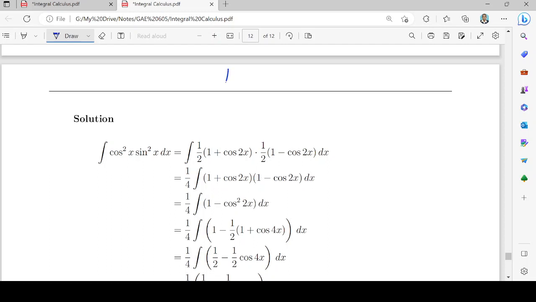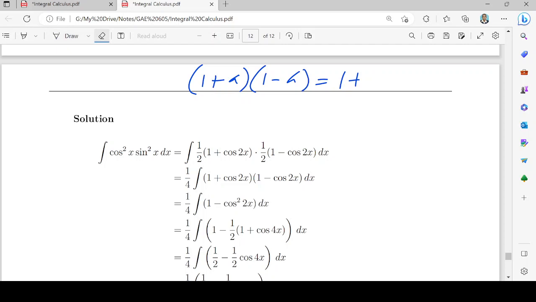When we write something like 1 plus a multiplying 1 minus a, we multiply out.